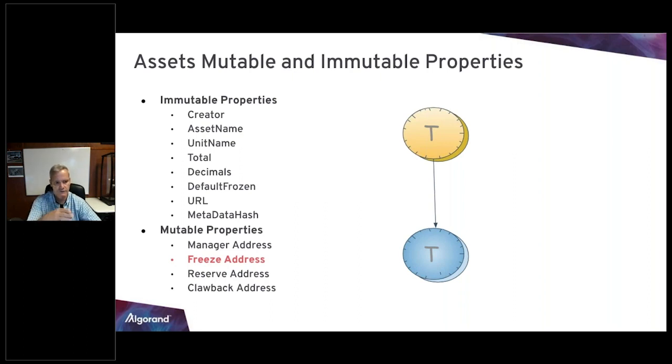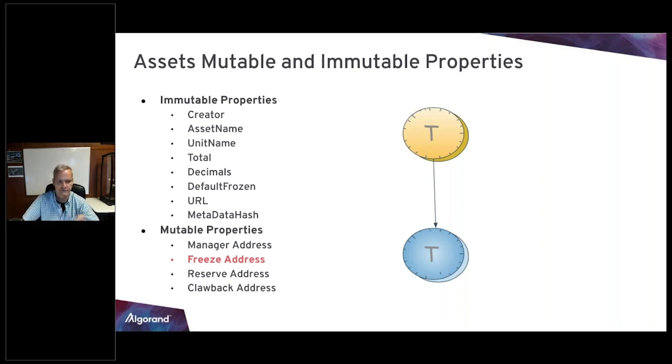And then the other ones are 4 addresses that can be used to manipulate the token after it's been released to the general populace. One of those is called the freeze address. It's set to an account that can freeze or unfreeze the asset for any account. So that's the one that we would set for this particular scenario.